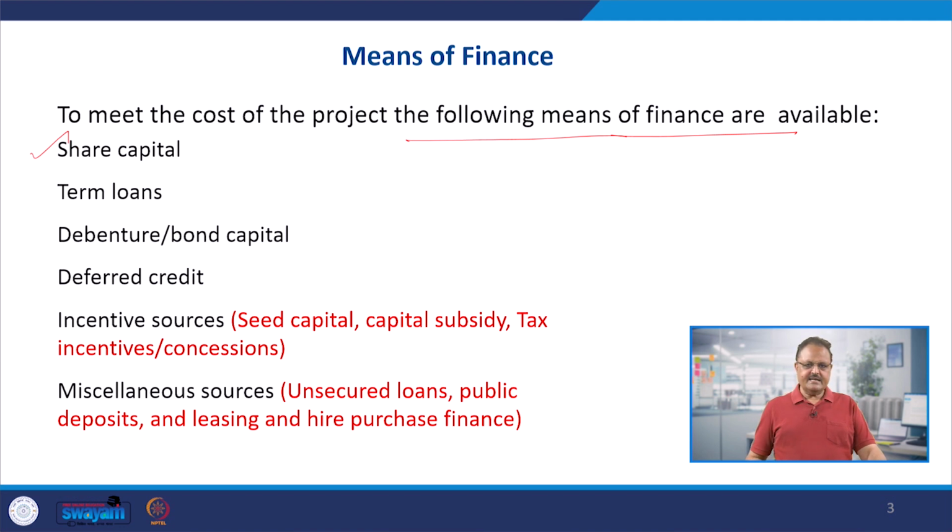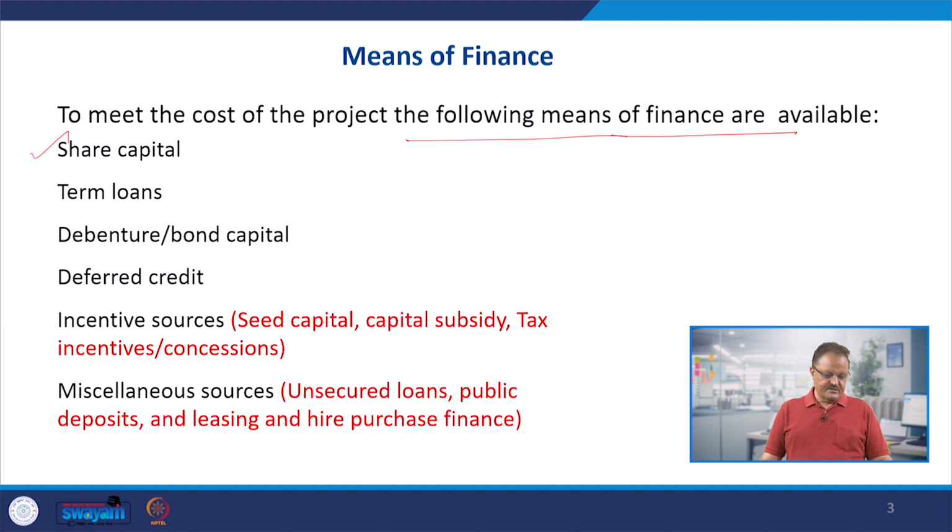Now the question arises: share capital is not possible to be used in all kinds of ventures. Share capital can only be used for public limited companies. When you get your venture listed on the stock exchange, you register the company as a public limited company, and then you can have share capital in the true, literal sense.